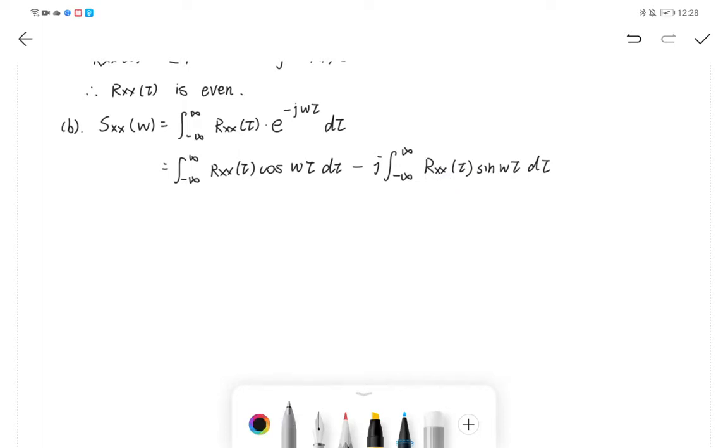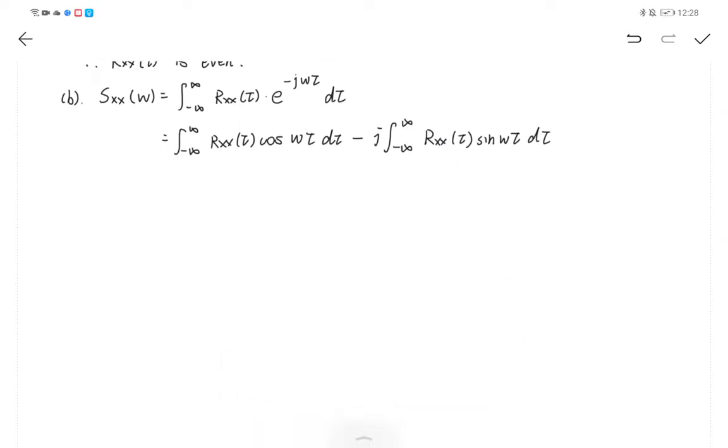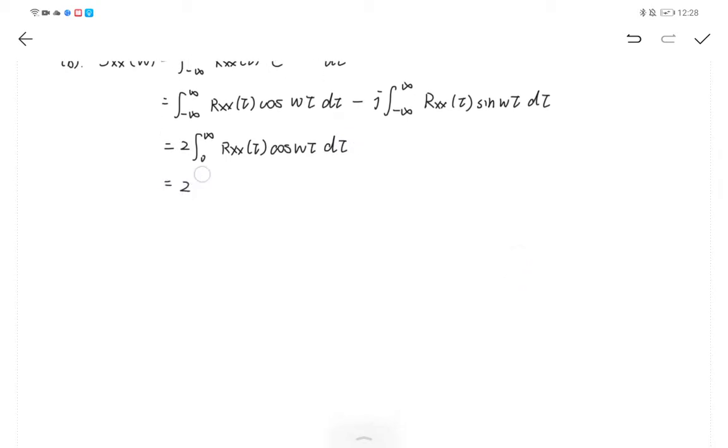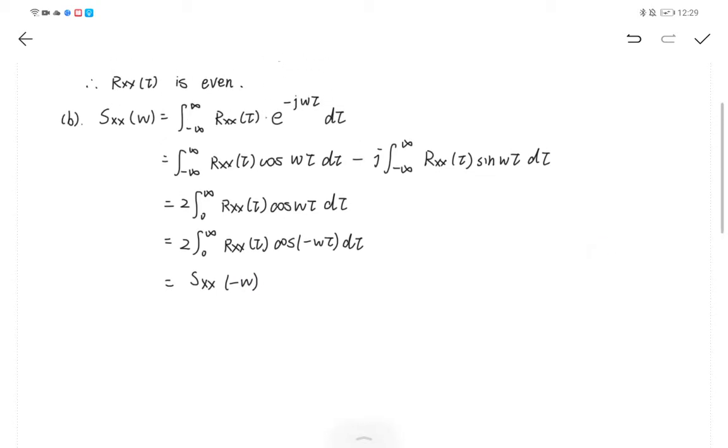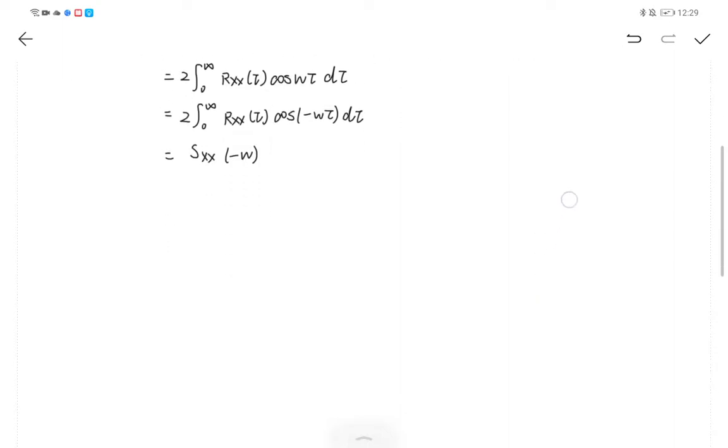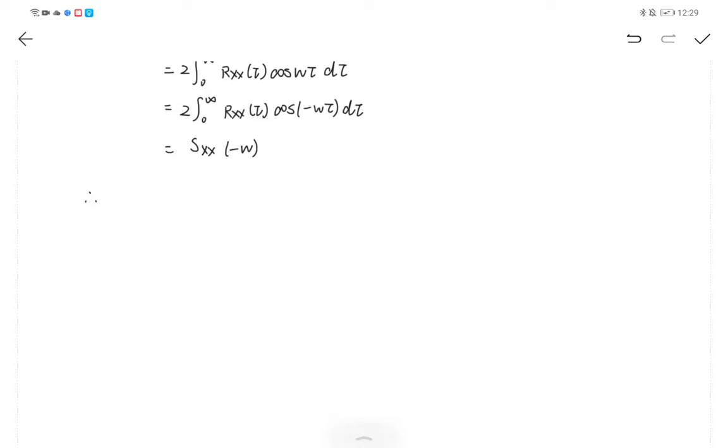Then let's write the spectral density as 2 times the integral from 0 to infinity of Rxx(tau) cosine omega tau d tau, which equals 2 times the integral from 0 to infinity of Rxx(tau) times cosine of minus omega tau d tau. That equals Sxx(minus omega). So we can find the power spectral density is even.